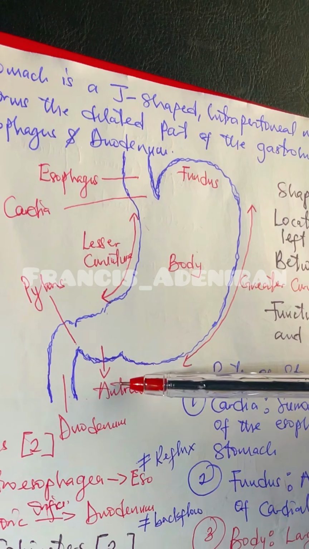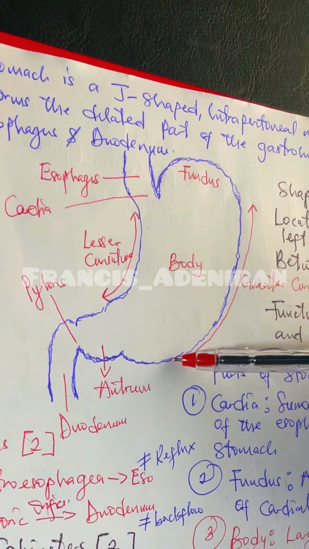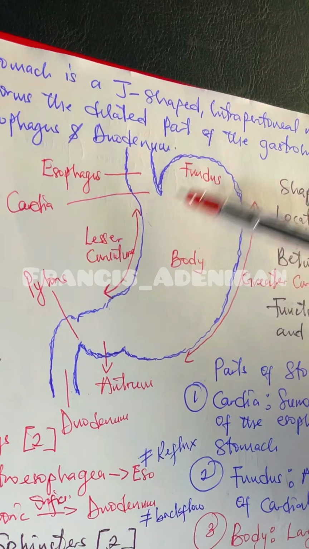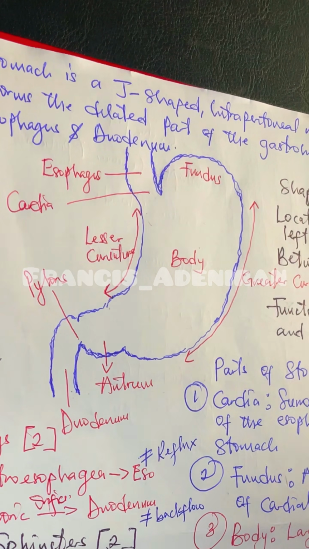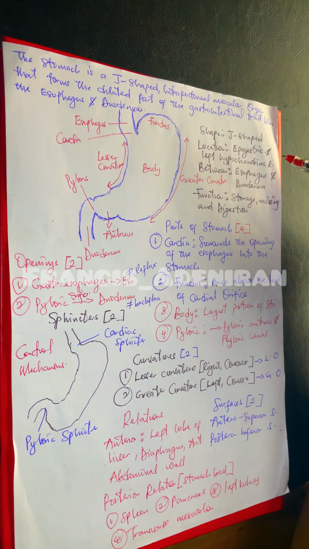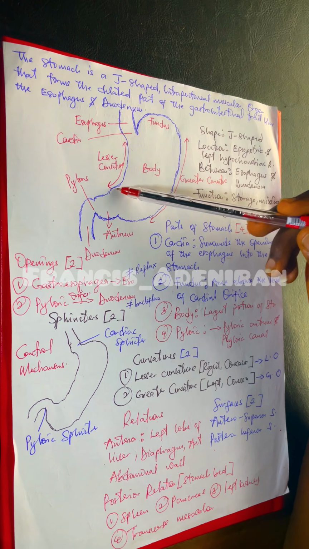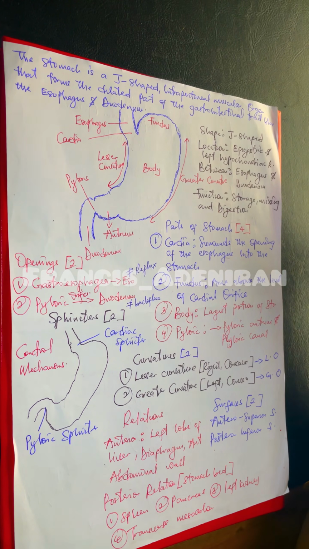The left side houses the greater curvature. So the lesser curvature is right and concave, while the greater curvature is left and convex. It is very important to note that the lesser curvature is related to the lesser omentum, while the greater curvature is related to the greater omentum. That is in relation to the peritoneum.